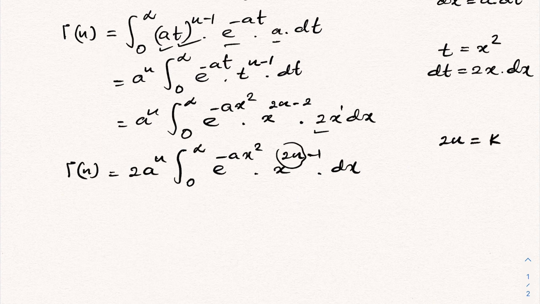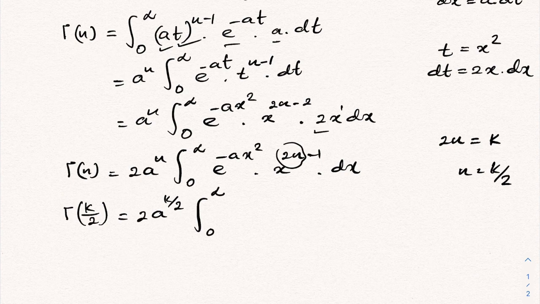So we have gamma of k over 2 is equal to 2 times a raised to the k over 2 integral from 0 to infinity e to the minus a x square times x to the k minus 1 dx.